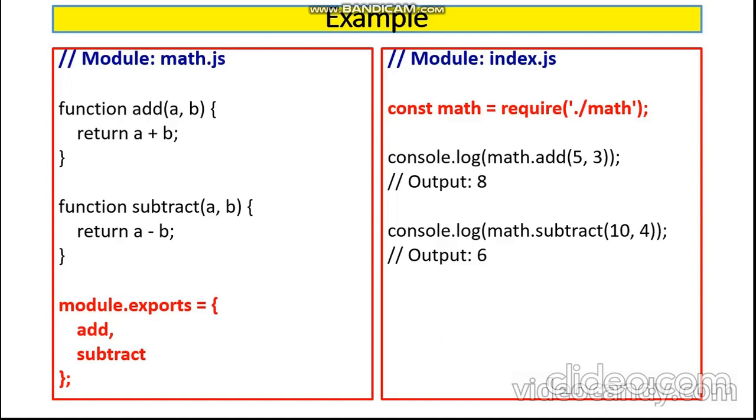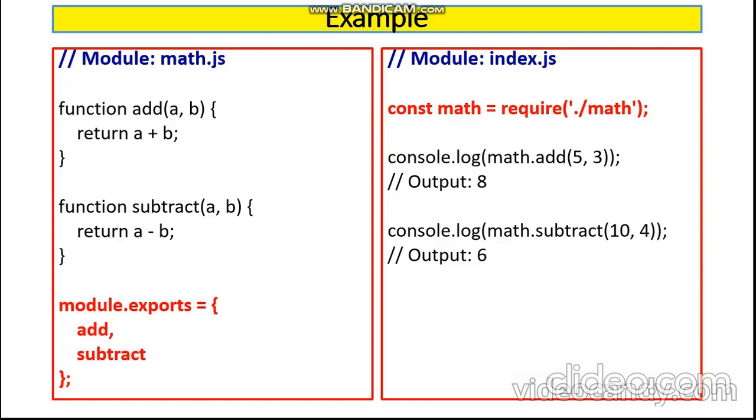So in this example, math.js exports two functions, add and subtract, using module.exports, and index.js imports and uses these functions using require. This demonstrates the CommonJS module pattern in action within a Node.js application.